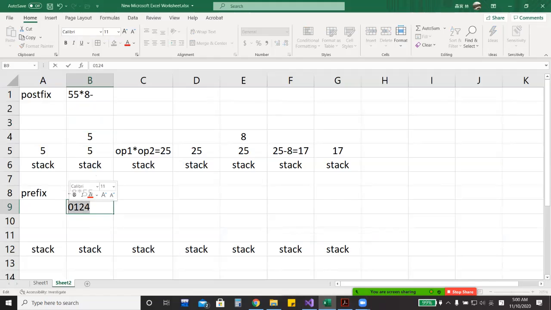So the length is 5, and length minus 1, 5 minus 1, is 4. That would be the last position, the last position of the 5.